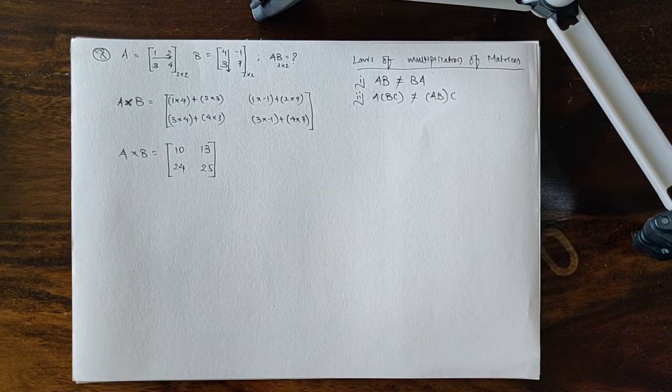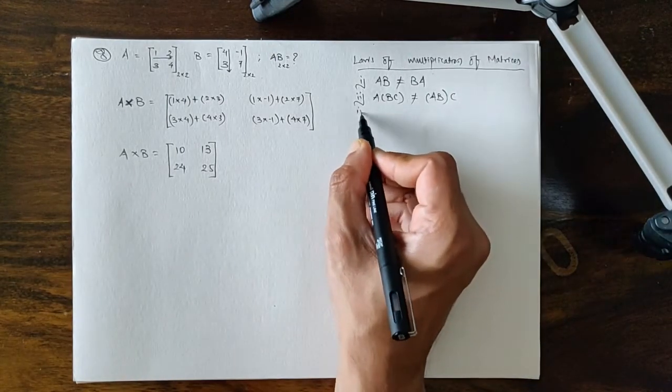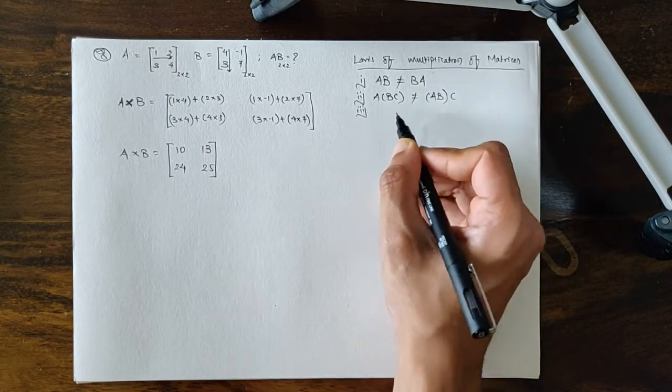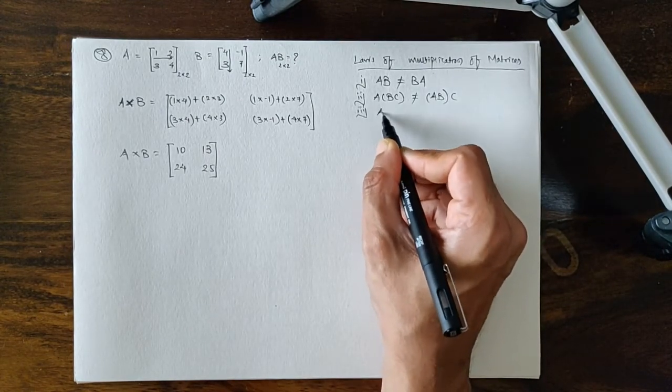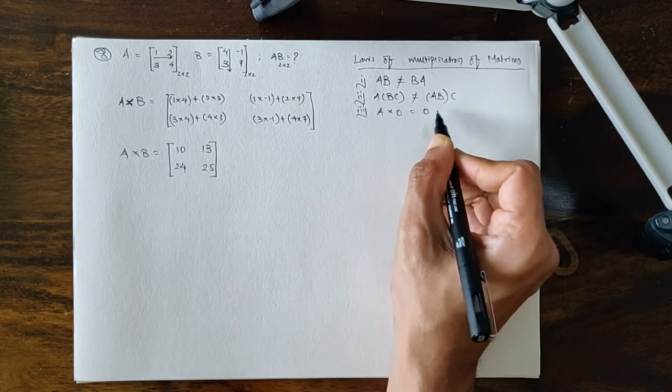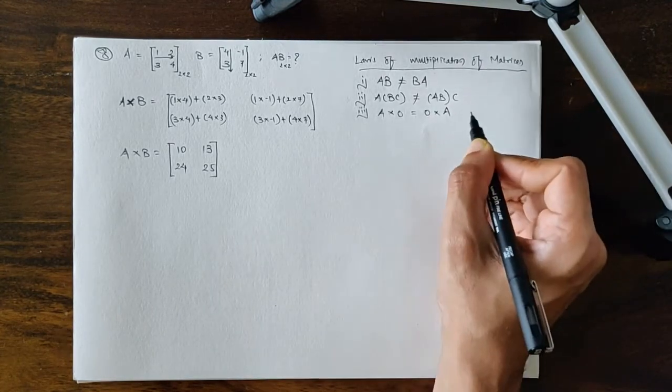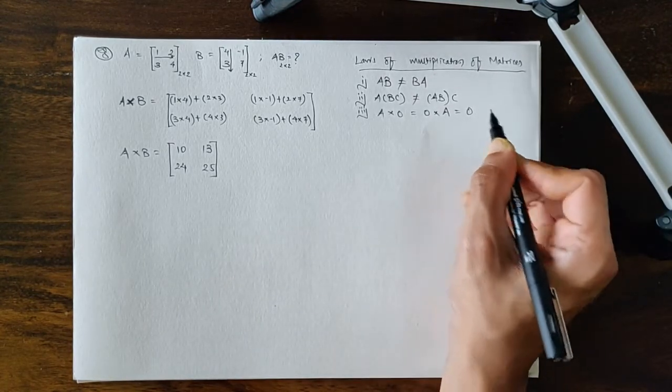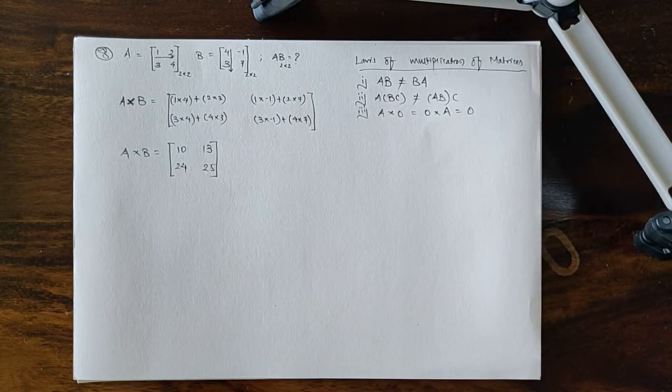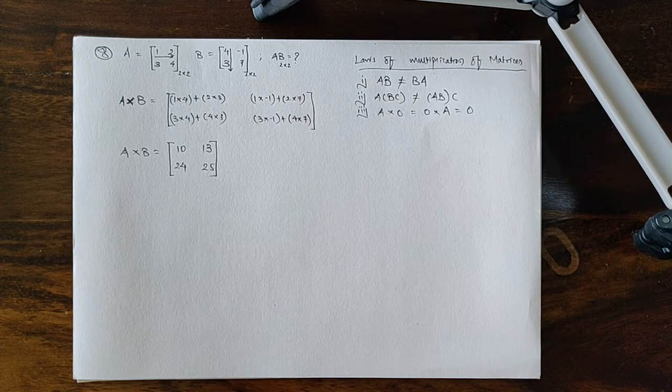Multiplication is not associative. Okay, so this is the multiplicative identity of 0. So 0 is the null matrix.